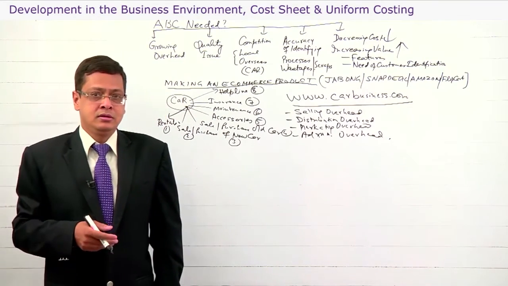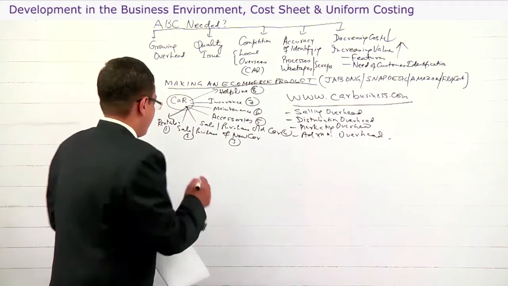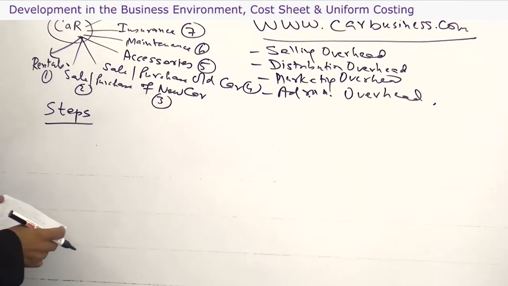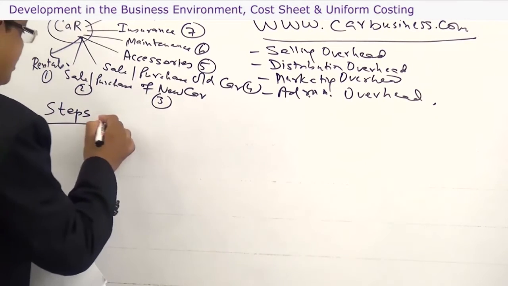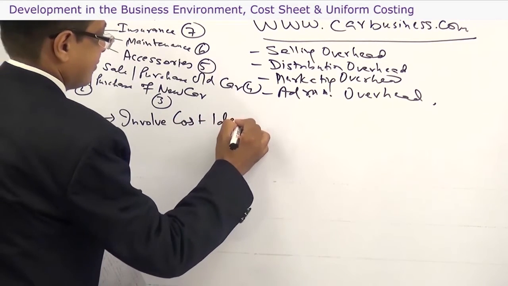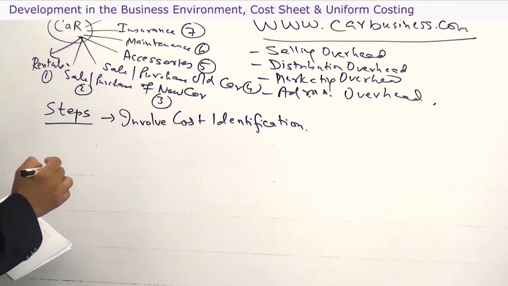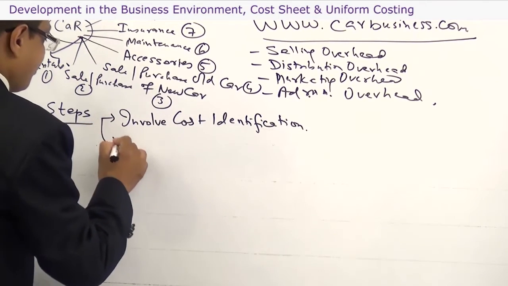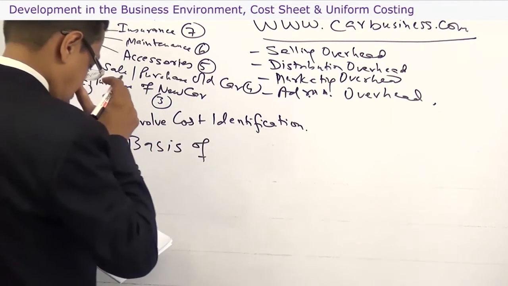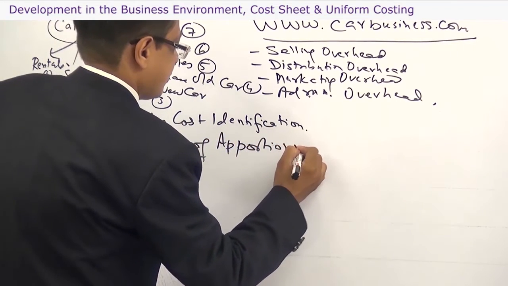So let's do that. How do we do it? We have certain steps. What are the steps? We involve cost identification, right? Then we make a basis of apportionment of that cost.